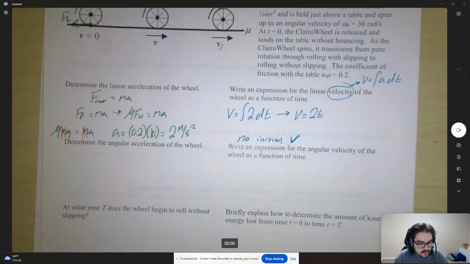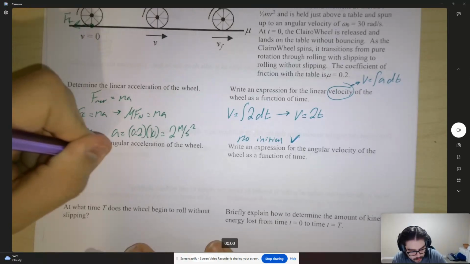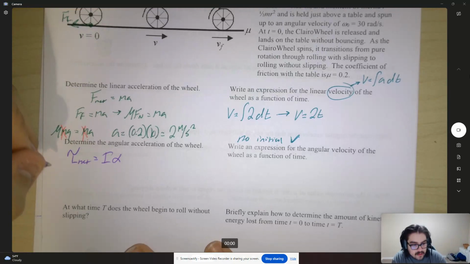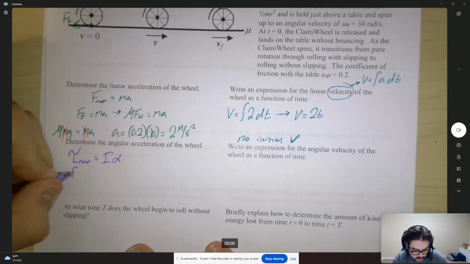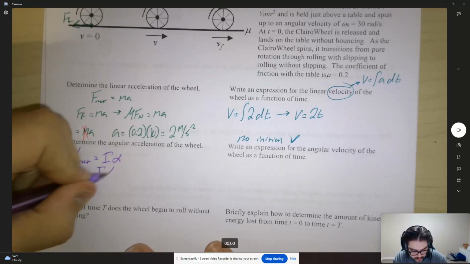The angular acceleration of the wheel: all I got to do is use my torques, tau equals I alpha. When I solve it out, this becomes r times the force of friction, because that's what's providing torque, equals I alpha.